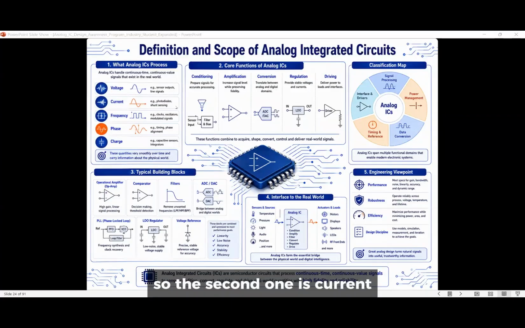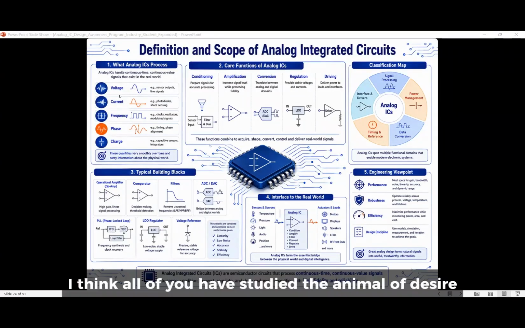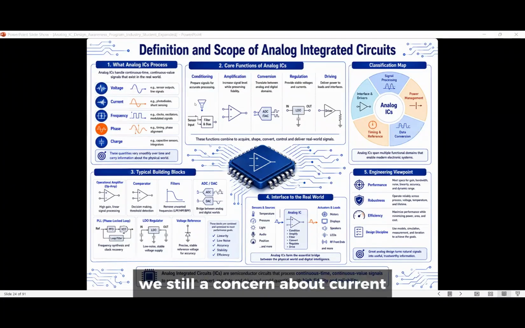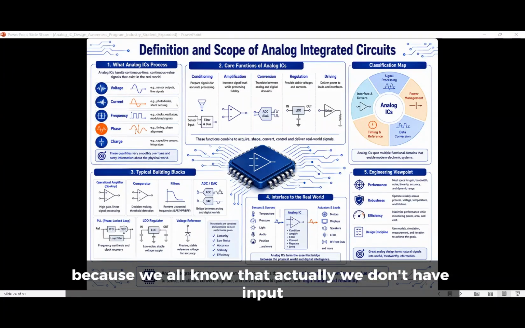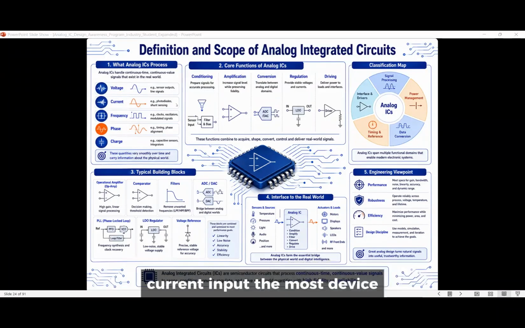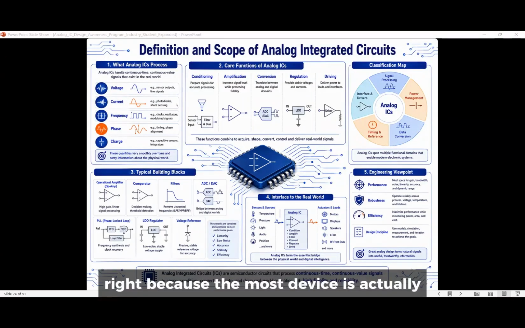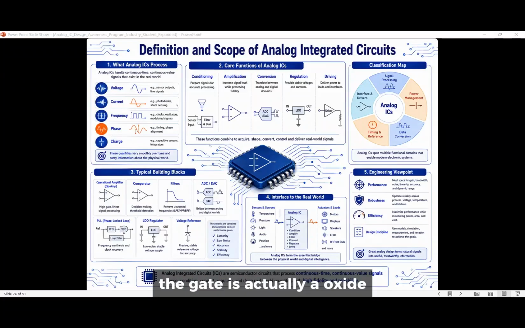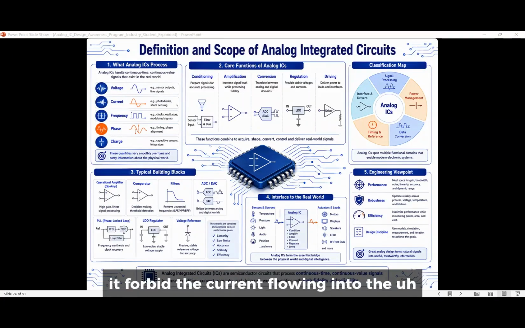The second one is current. I think all of you have studied analog design before, so why do we still concern ourselves with current? Because we all know that actually we don't have input current into the MOS device. The MOS device's input, sometimes we refer to it as the gate, is actually an oxide. The oxide forbids current flowing into the gate.